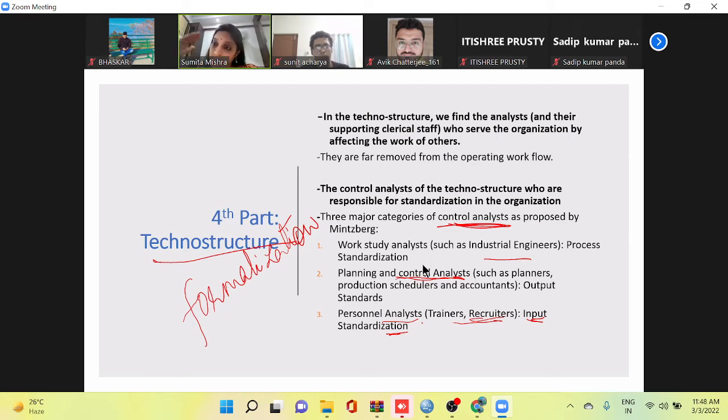It is to see whether the standards of the company are maintained. Everything is in place before the software goes for a user acceptance test. That is the job. Okay, we crudely decode. Now, where will you put the quality control team? Quality control team will be put in the operating core or in the technostructure?